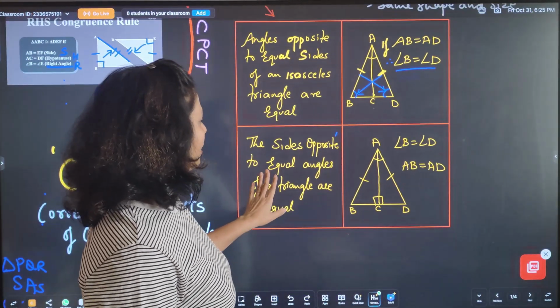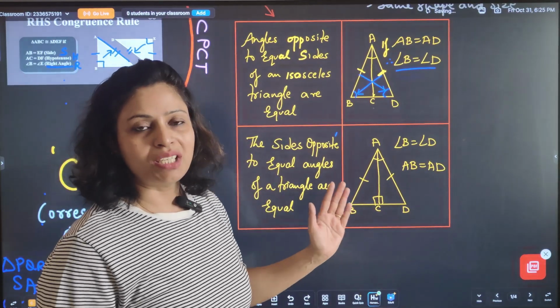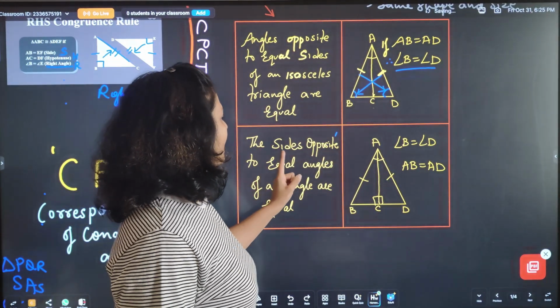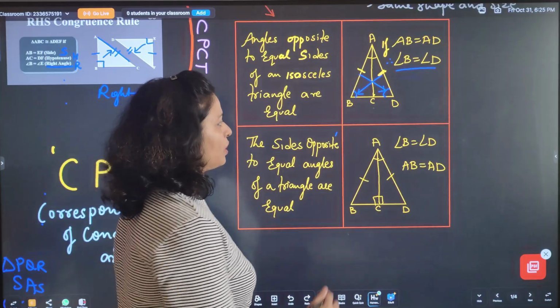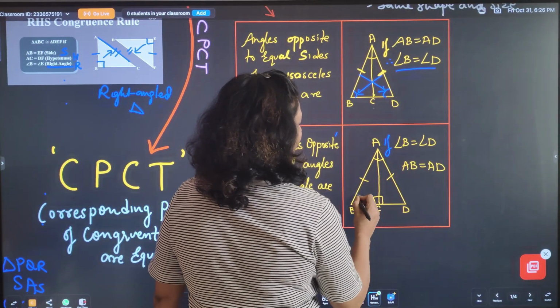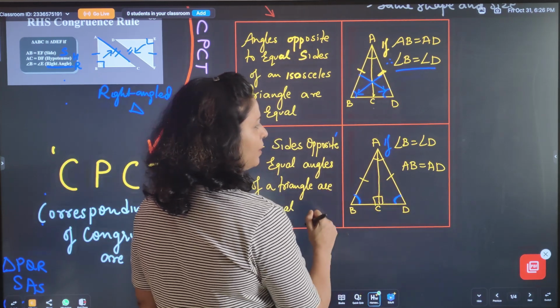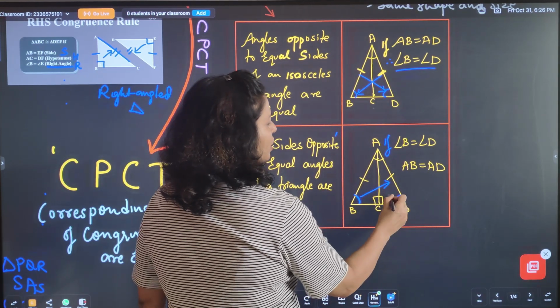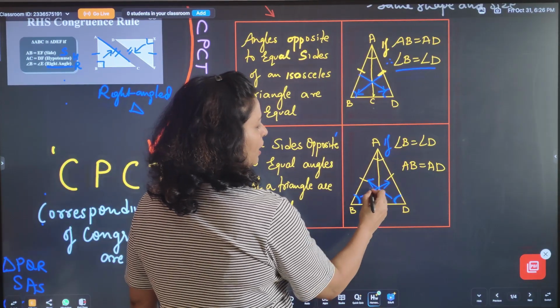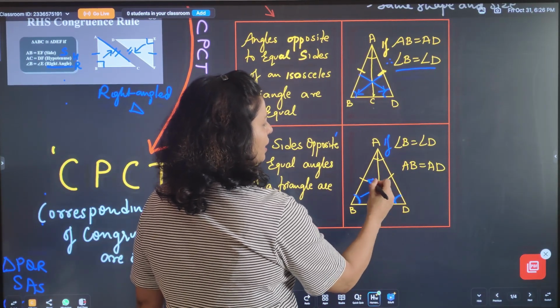Similarly, the second theorem is the converse of this theorem: the sides opposite to equal angles are equal. So if angle B is equal to angle D, then the side opposite to angle B is AD and the side opposite to angle D is AB.